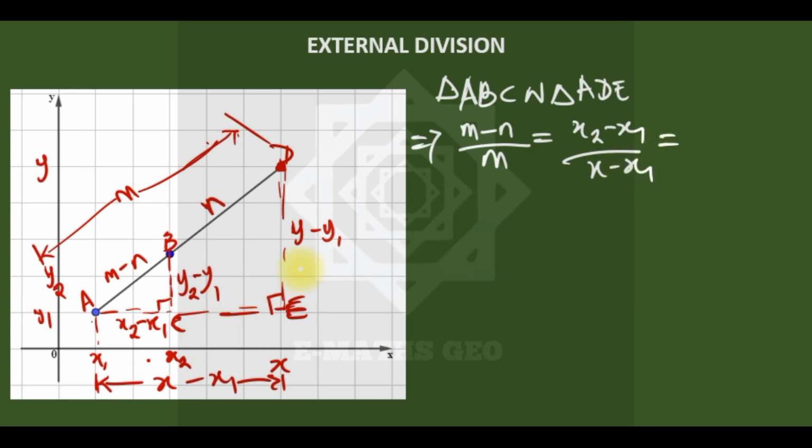It's also equal to, for the y value, y2 minus y1 over y minus y1. So we'll compare this and this, and also this and this. Let's start with the first one.